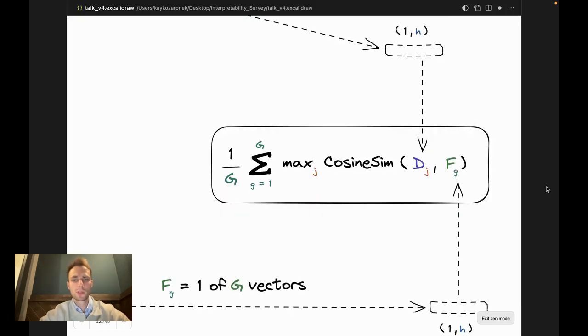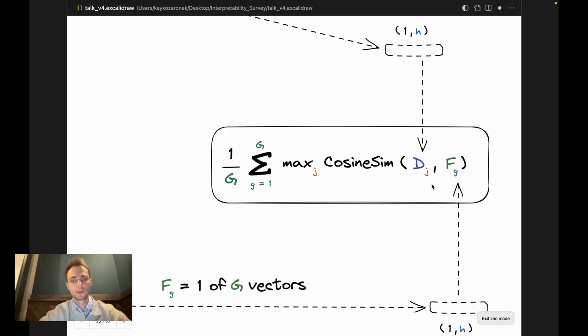Now, in order to measure whether we have actually recovered the features that we constructed in the beginning with the dictionary that we're learning, we will use something called the mean-max cosine similarity. And it looks like so. We take the average cosine similarity of the feature vectors and the corresponding feature in the dictionary that maximizes the cosine similarity.